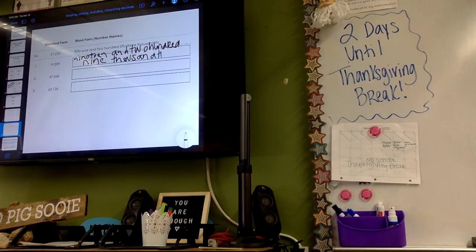Do we have to write 1,000? Thousandths. You have to write the thousandths. If you don't write the place value, it's wrong. Okay? 19 and 209 thousandths. Alyssa is correct.